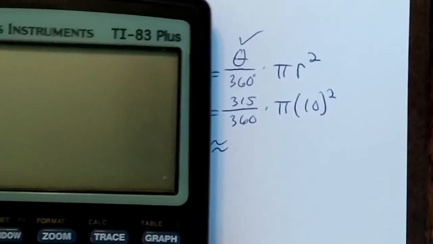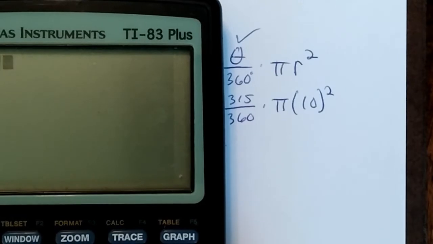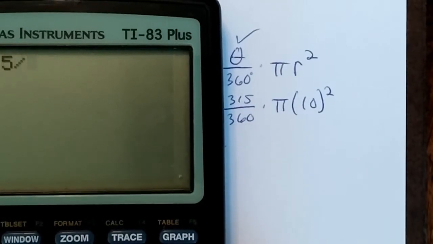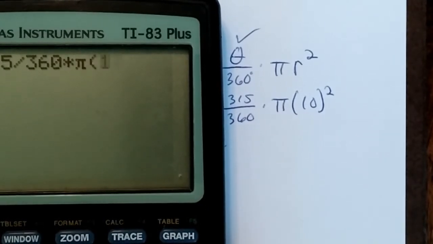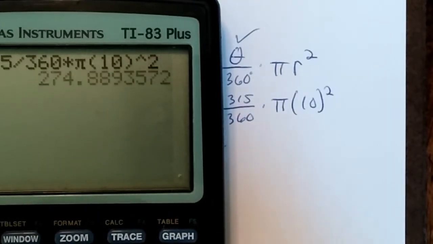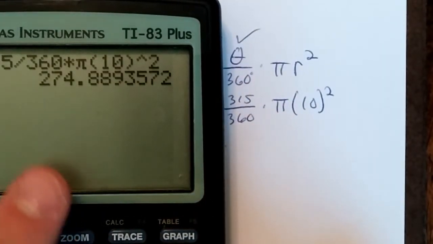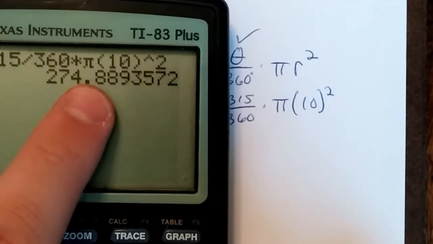So typing it in essentially as you see it: 315 divided by 360 times pi times 10 squared. And we get an approximate area of the sector of 274.9.